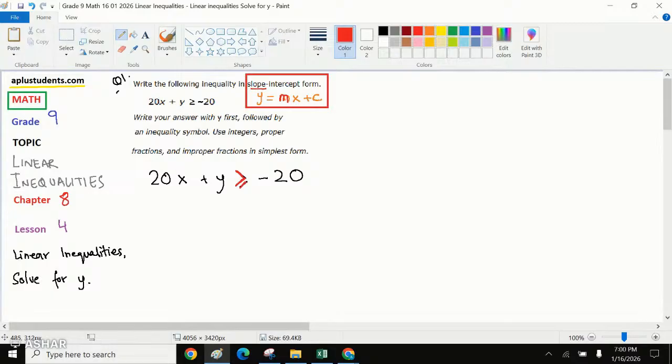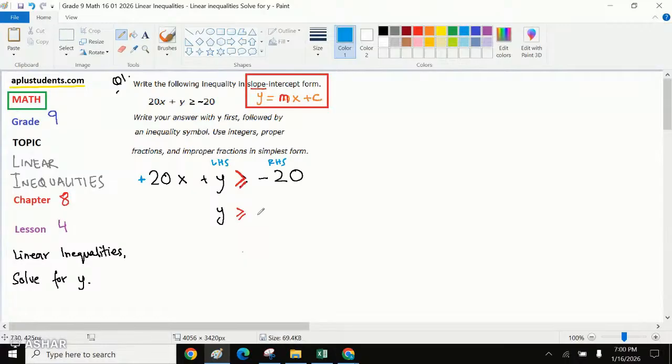What we need to see is we have a positive y already on the left hand side. I'll just write this is the left hand side and this was the right hand side. We have a positive y and we have a positive 20x. Can we take the 20x from the left hand side to the right hand side? It was positive on this side. When it goes to the other side, it changes the sign, right?